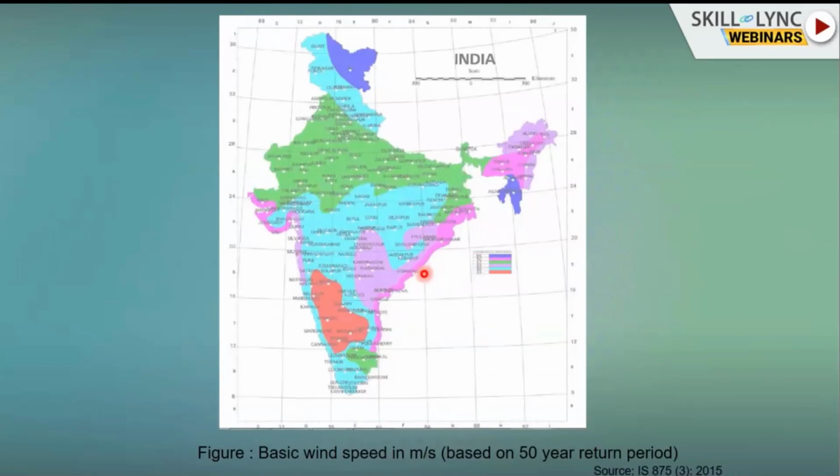Although it's not very clear, all these regions in blue and pink are the regions of high wind speed. Anywhere in red or blue may not be that significant, but all these coastal regions, as you can see, the coastal region in the east of India and the coastal region on the west of India, the areas around Gujarat and Maharashtra, and then Leh and Ladakh and some portions in the northeast as well, have a very high probability of high wind speed.